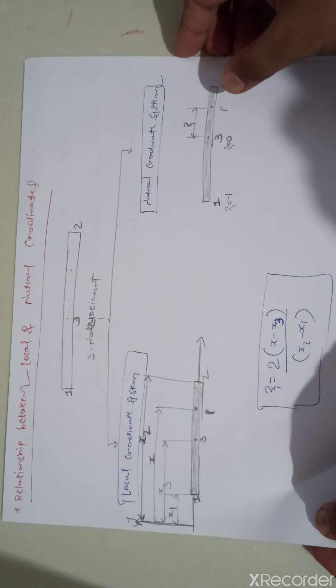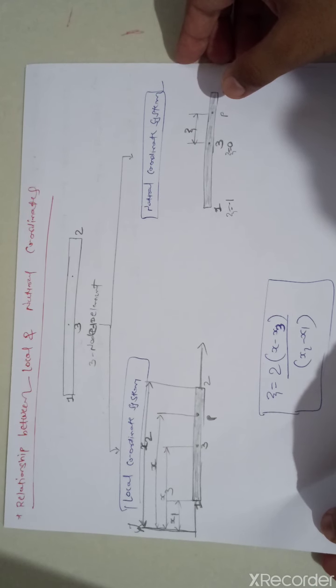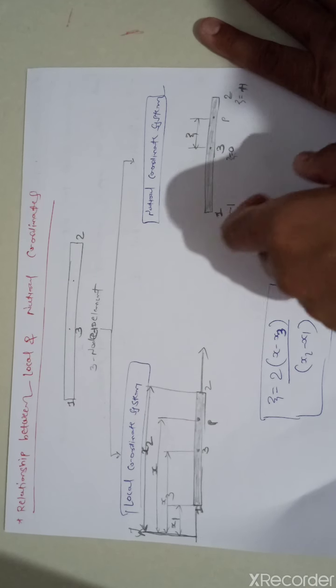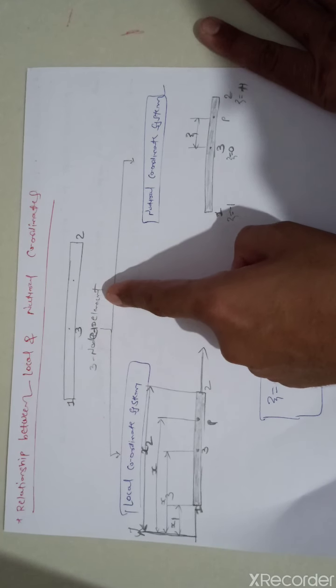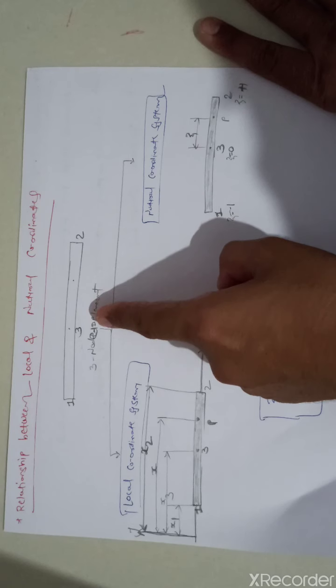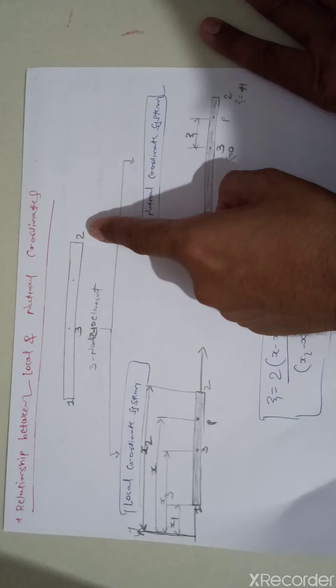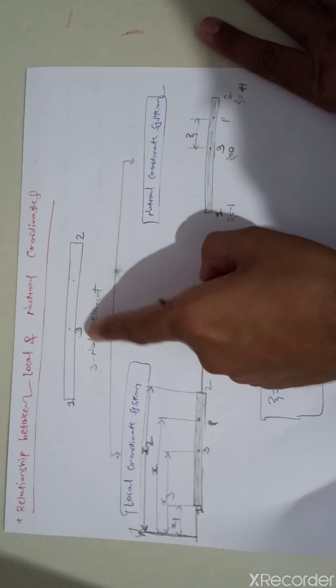Now we discuss the relationship between local and natural coordinates. Here we consider a 3 node one dimensional element. So 3 node means node 1, node 2 and node 3.